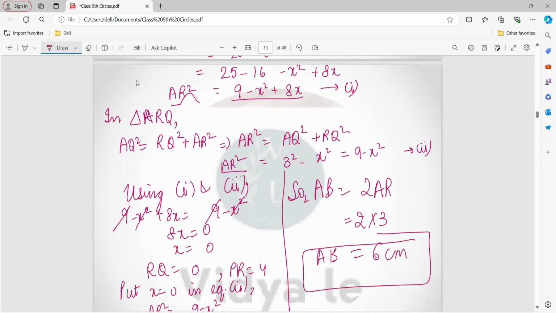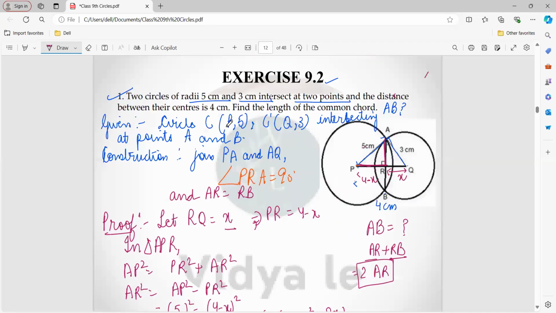Okay. So how have we solved the question? First of all, we are given two circles with radius 5 centimeter and 3 centimeter. Both circles are intersecting at 2 points. We have taken the points as A and B, and the distance between the centers of the circles is 4 centimeter, right? Now we know that the line joining the center to the chord bisects the chord, and that line is perpendicular.